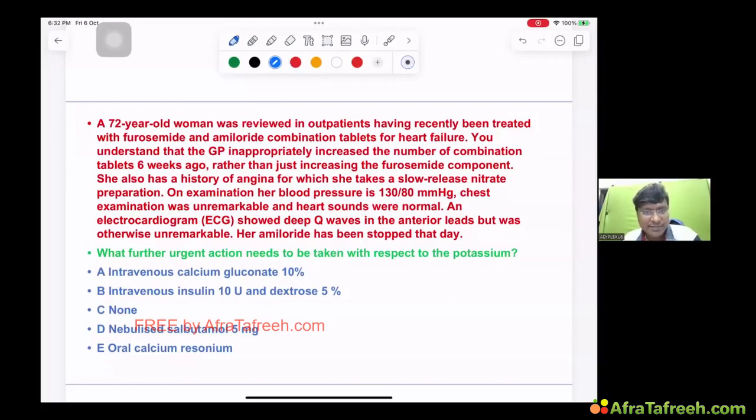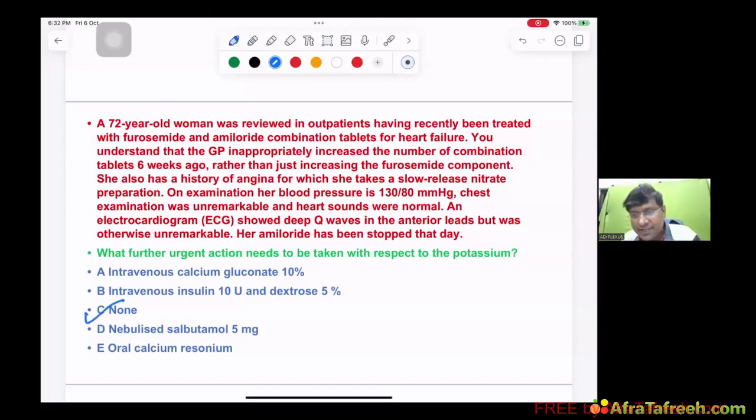Amiloride. Okay. Amiloride is an ENaC blocker. It will cause hyperkalemia. But at the same time, the patient is also being given furosemide. So one is increasing the potassium, amiloride. The other one is decreasing the potassium, that is furosemide. So the potassium level is maintained, right? The answer is none, C.